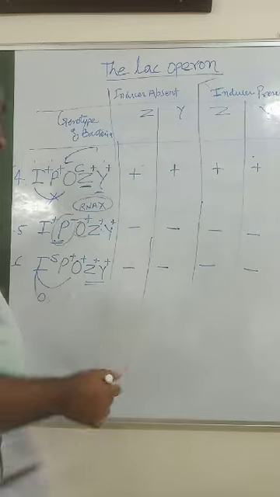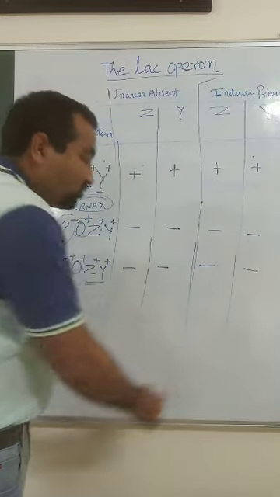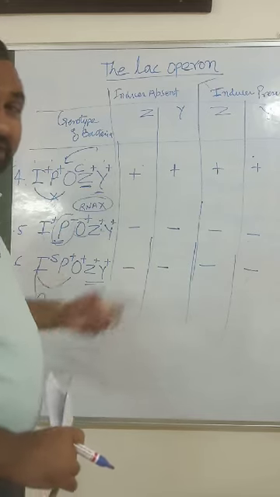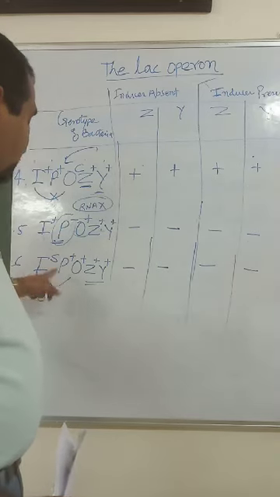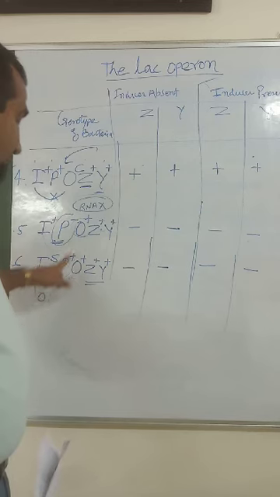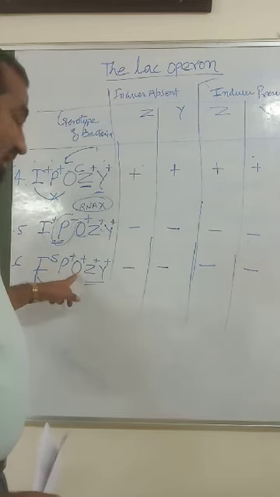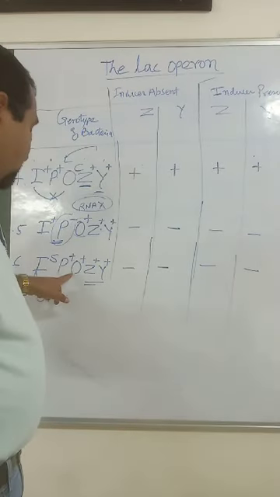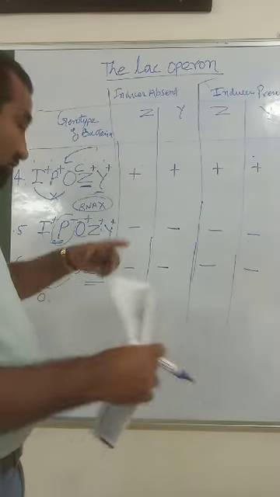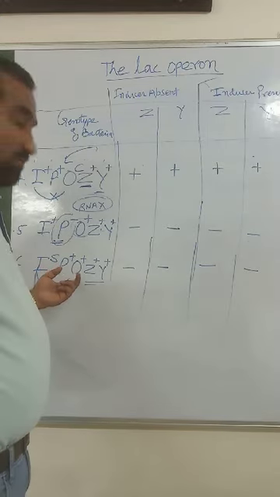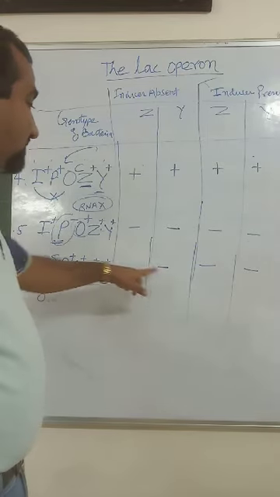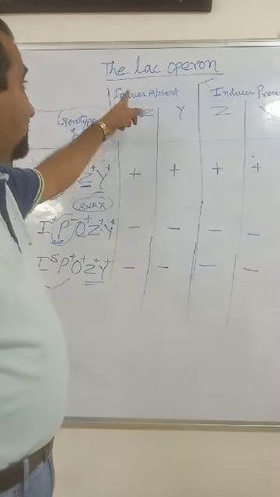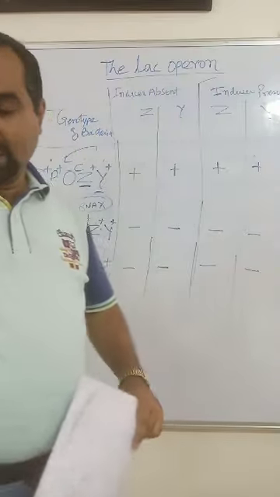So in this case we are getting no product of any gene, because this is a dominant mutation and a strong mutation, and here this suppressor molecule has increased tendency to bind at operator, and even if lactose is present, these proteins cannot be removed from binding on operator, and hence there will be no transcription of any gene in any condition, whether inducer is present or inducer is absent.